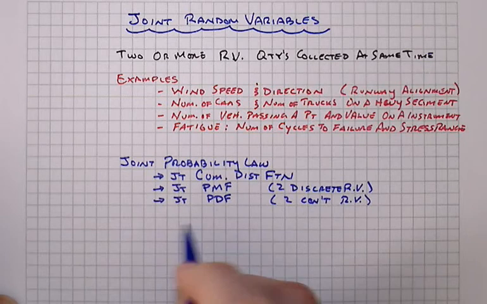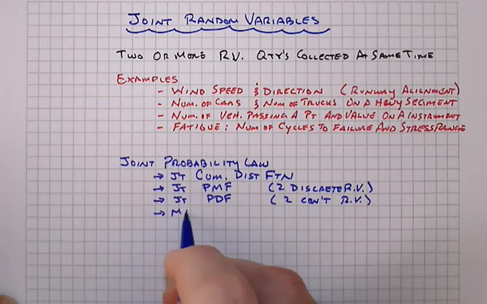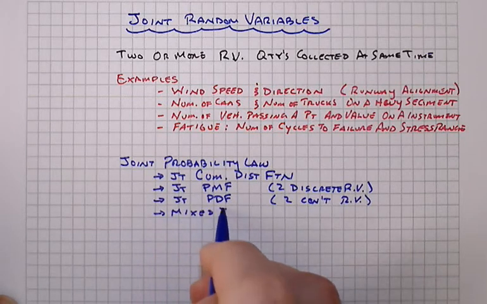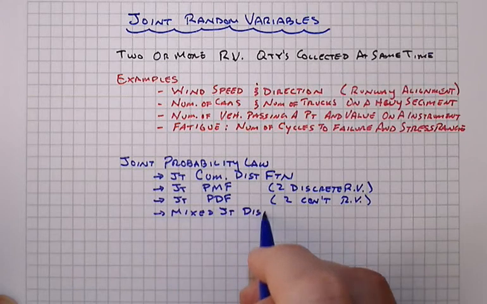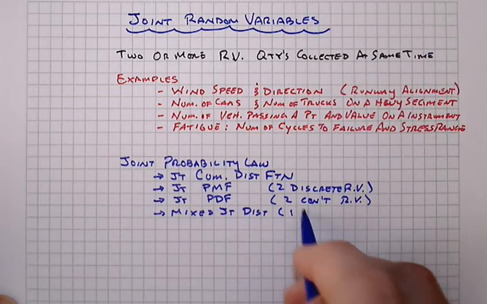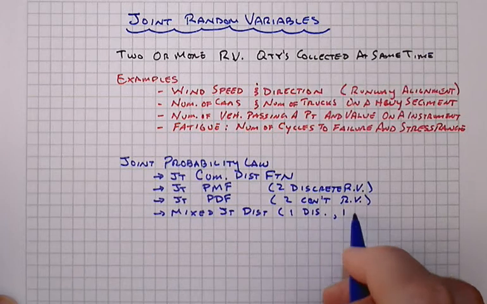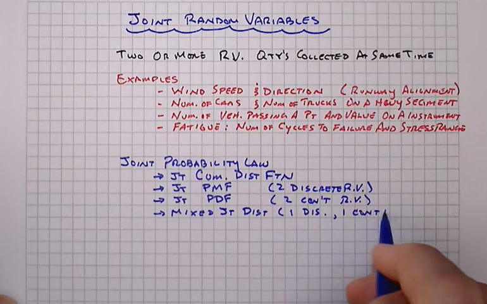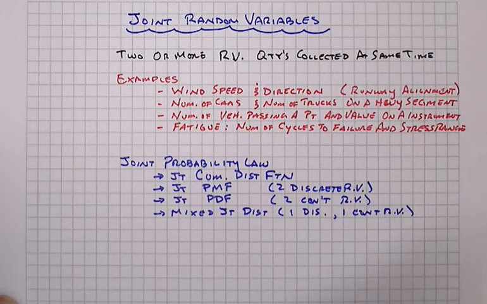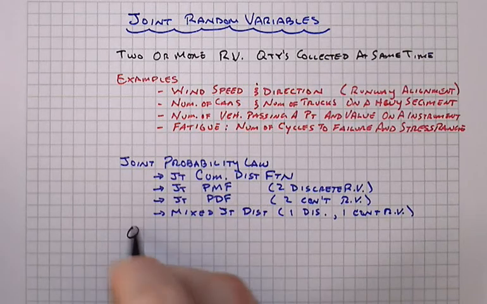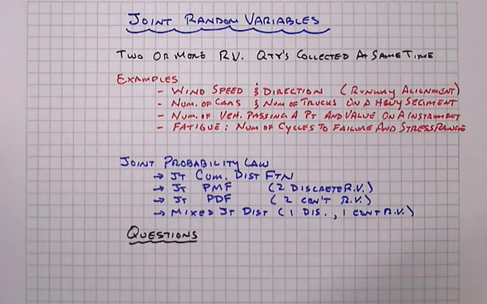And then there's the possibility here that we have a mixed joint distribution where we have one discrete and one continuous random variable. And this all leads us to a variety of questions that we are typically trying to address.